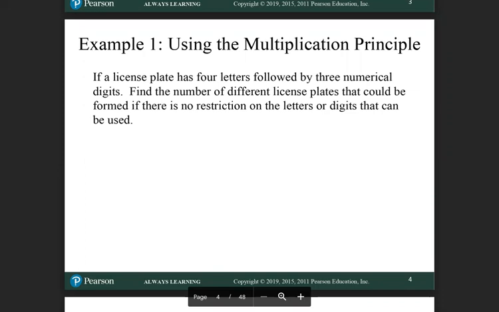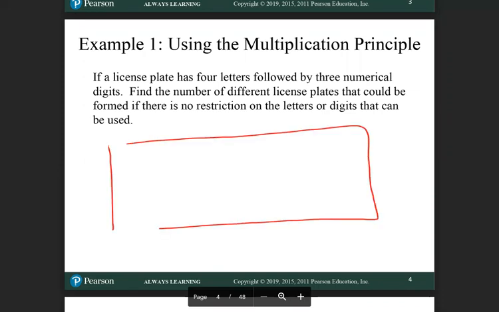Okay, so here's my license plate. I would start by making 4 letters, 1, 2, 3, 4 letters, and then followed by 3 numbers, 1, 2, 3, and all of those decisions will tell me how many license plates there could be.